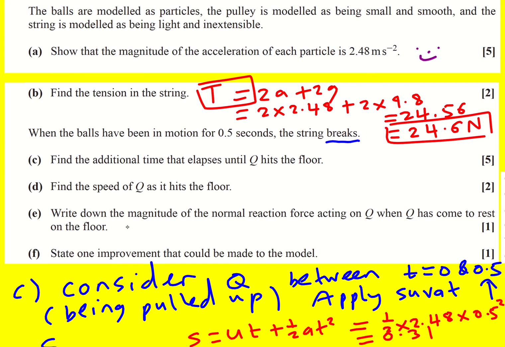Maybe I'll draw a little diagram. So I've got 2g acting down, RQ acting up. RQ is going to equal 2g, which is going to be 19.6 newtons.